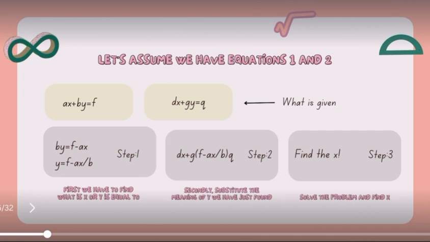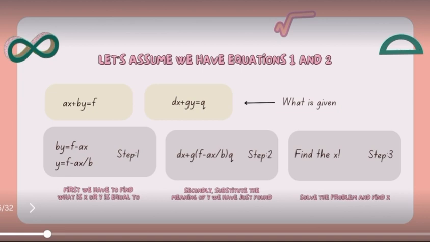This is the first equation, and the second one is dx plus gy is equal to q. The main point that I want to mention is that in both equations we have x and y. The other letters are just examples, in order not to use real numbers. So this is what is given to us.